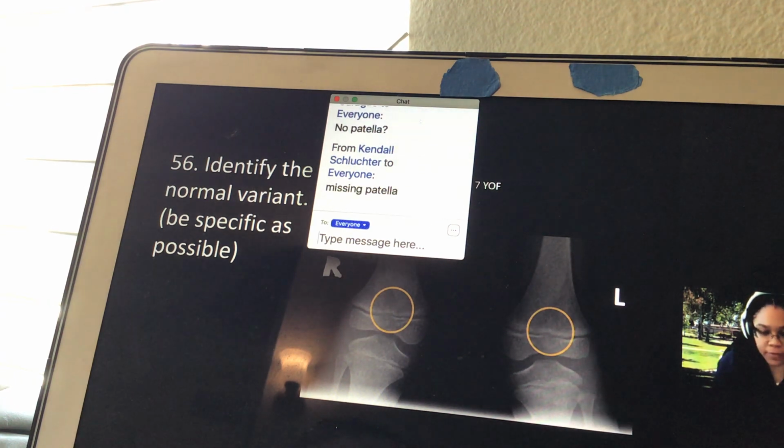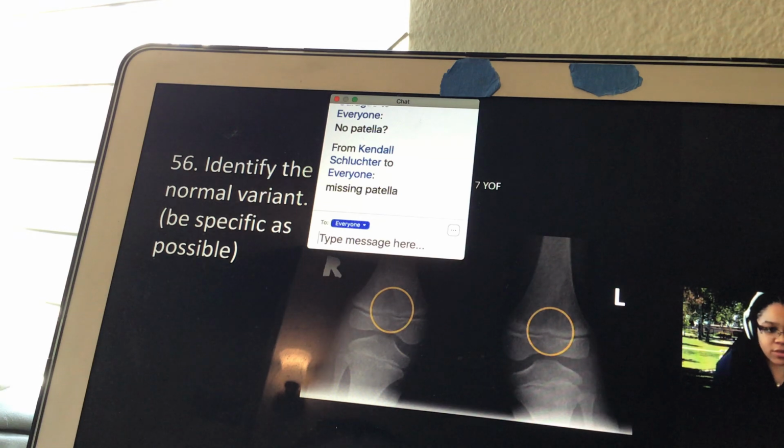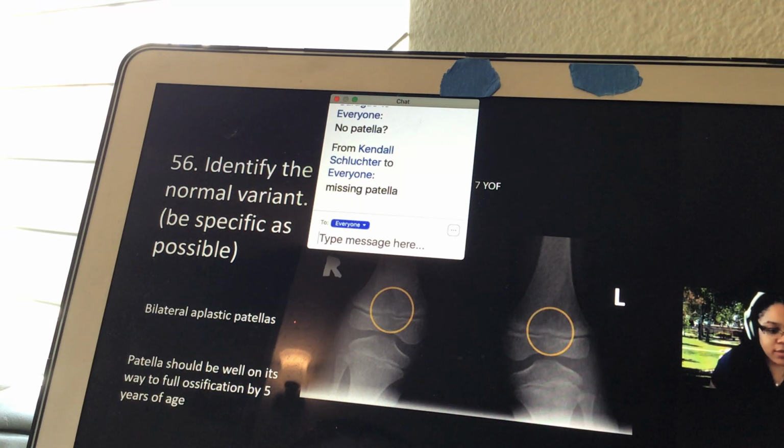Yeah, so we have bilateral agenesis or aplastic patellas. The patella should be well on its way to full ossification by 5.